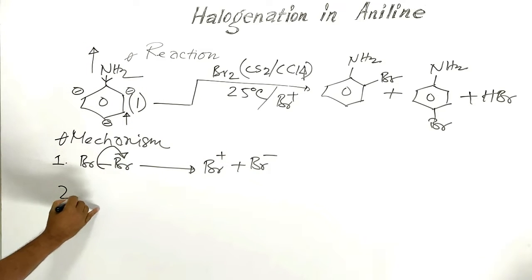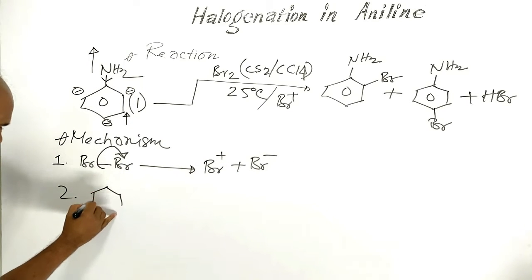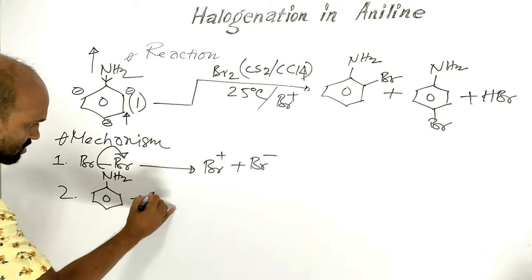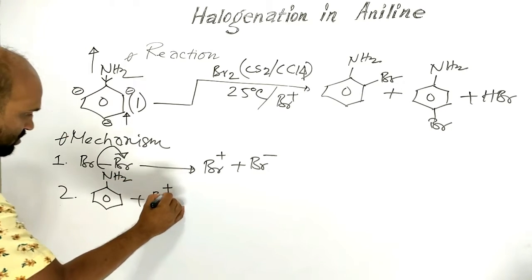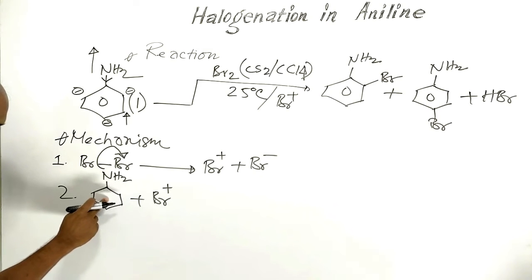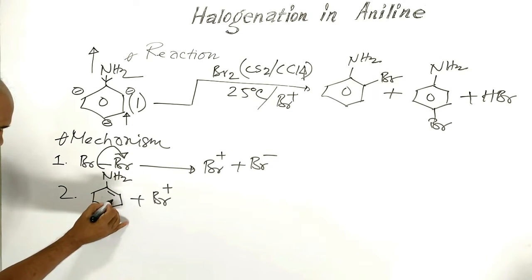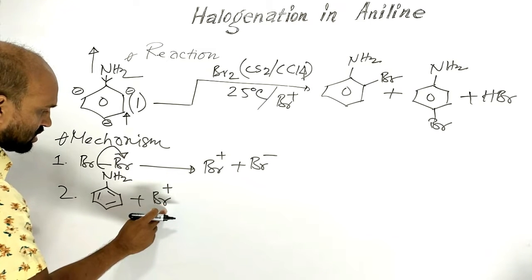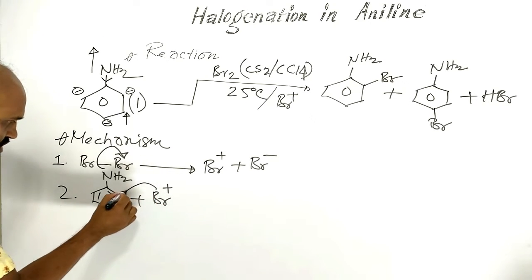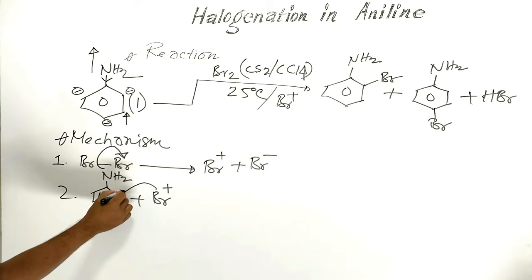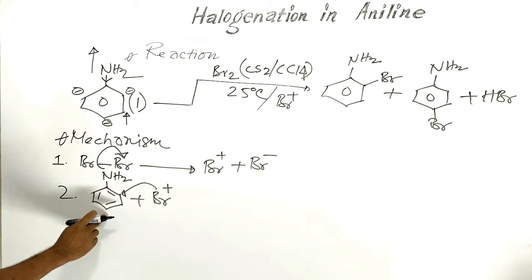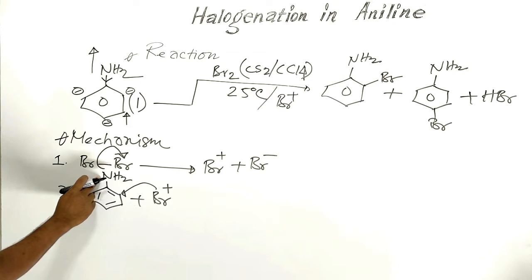Step 2, the aniline molecule now interacts with bromine cation. Here, pi bonds can be shown in this way. Bromine cation attacks the ortho position because the ortho positions and para position become electronically rich due to the presence of the amino group.